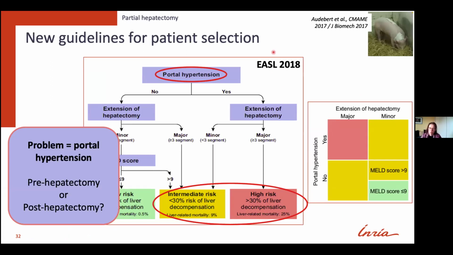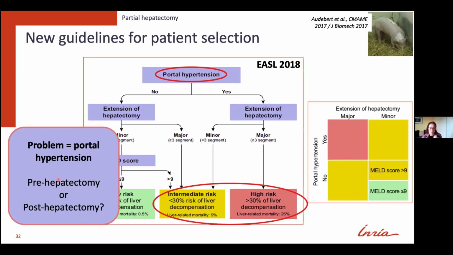Part of the problem is the creation of too high a pressure at the entrance or inside the liver, but what they can measure is at the entrance of the liver. The European recommendation for liver surgery changed in 2018 and said, okay, now you can operate if there is portal hypertension, but there can be an intermediate risk or too high a risk to have the surgery, depending on how much liver you're going to take away and depending on the quality of the liver.